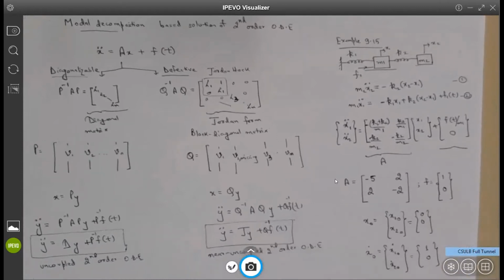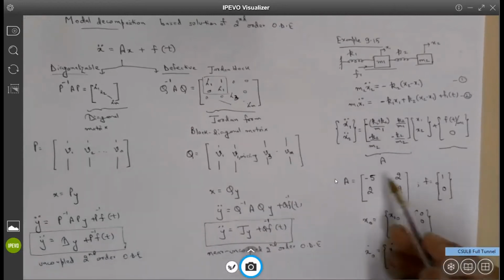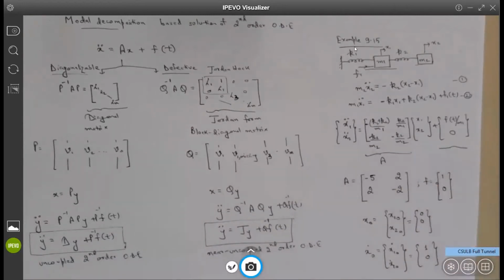These are the numbers I'm taking from the textbook. This is the same example number 9.15 we are looking at.